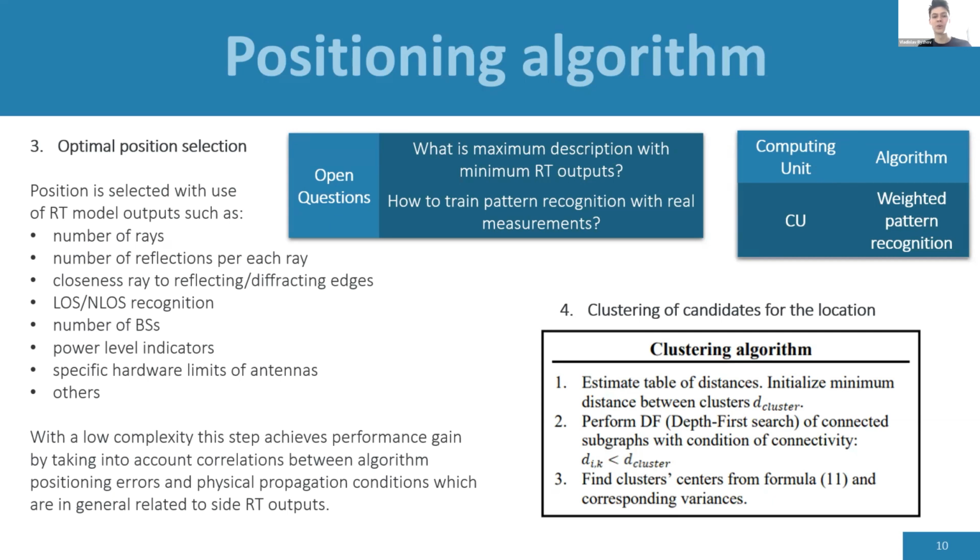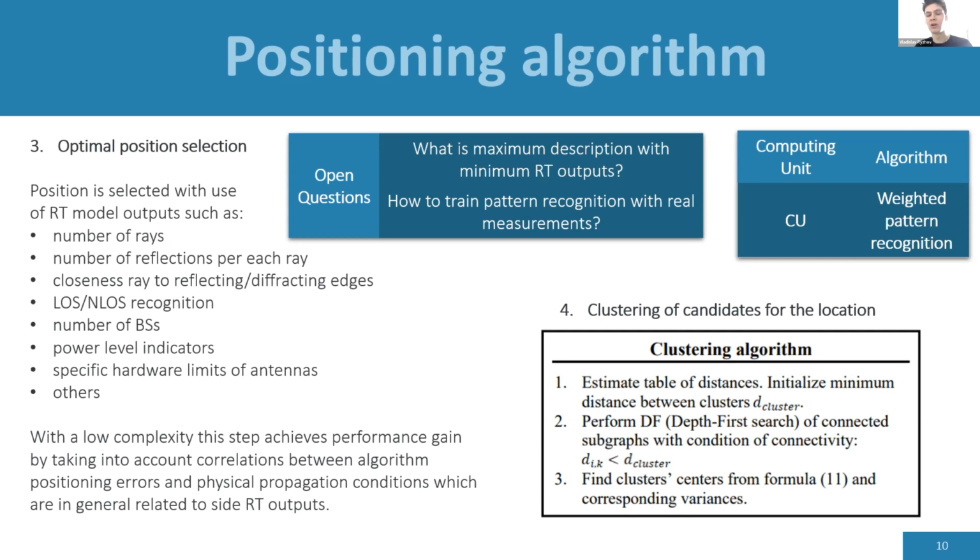Also the number of base stations which see the particular user equipment, powers, and specific hardware limits of antennas. It's very important to mention that although this step contains a lot of parameters, it has very low complexity compared to the ray tracing model, and it helps us achieve much more performance gain for NLOS cases with very low complexity if we store some ray tracing outputs.